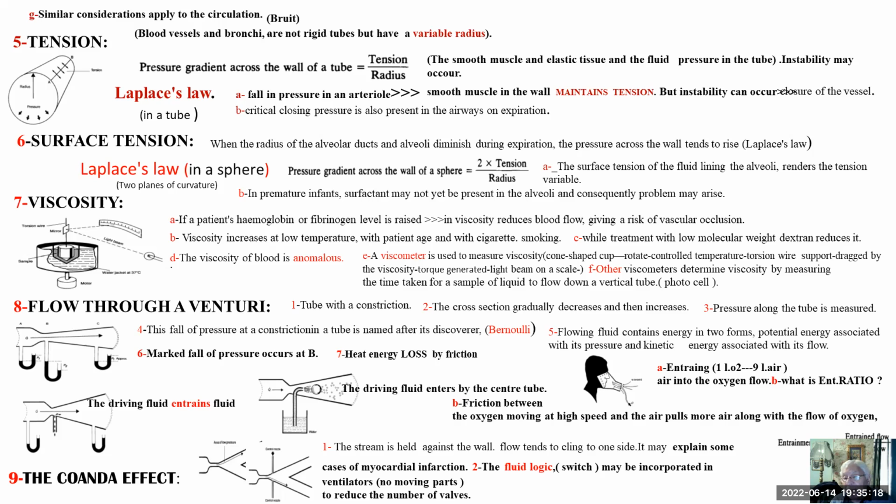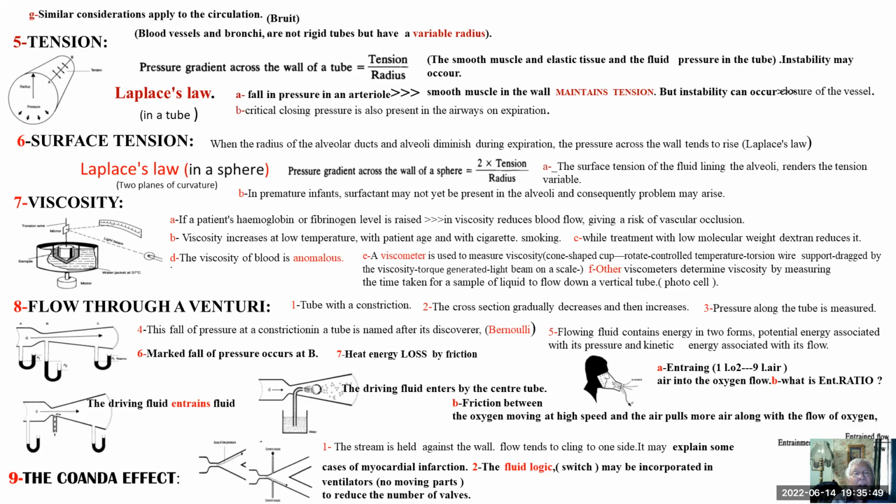Sometimes this correlation is disturbed, and the blood vessel cannot tolerate it, so we have what we call the critical closing pressure, where the pressure is decreased so much that the muscle coat and the elastic tissue cannot keep the blood vessel patent, and of course the blood vessel can be shut off.